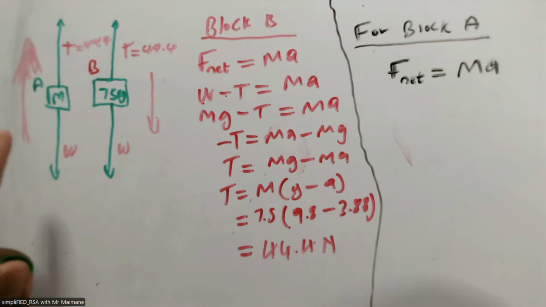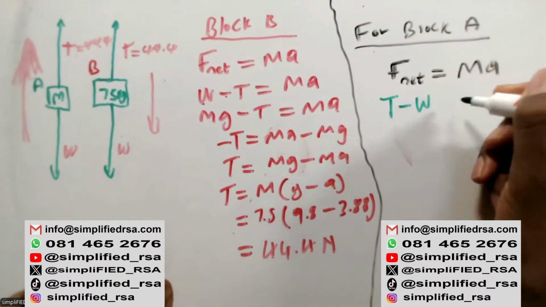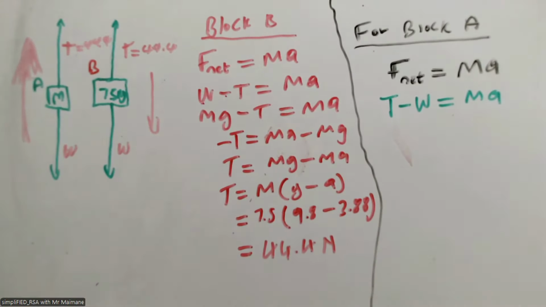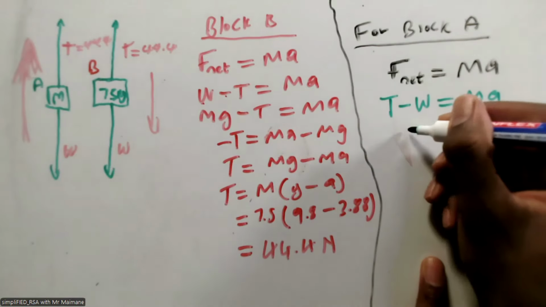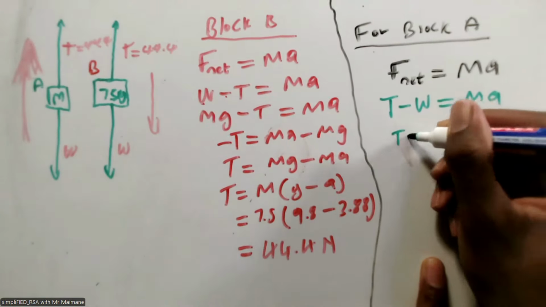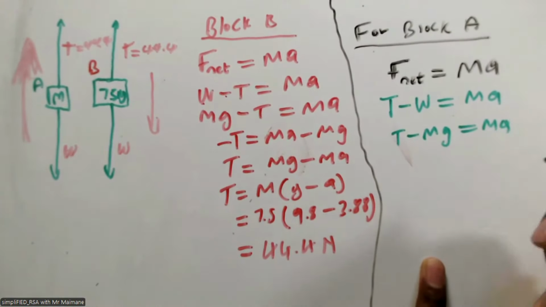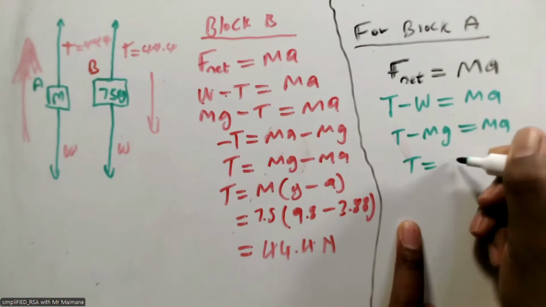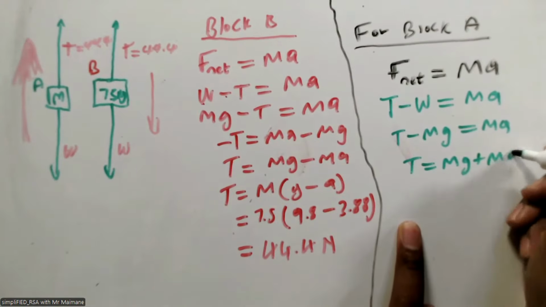In this case, because now m is going up, I will say T minus W is equal to ma, as it is moving upwards. Therefore, T minus mg, because I know W is mg, is equal to ma. If I write this in terms of the tension, I would have T is equal to mg plus ma, you see.